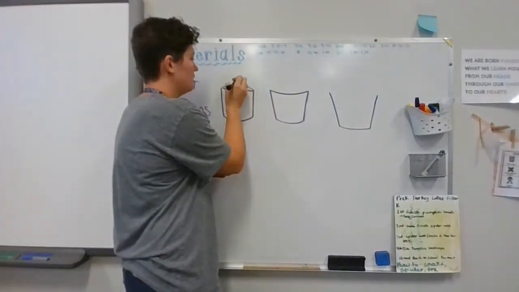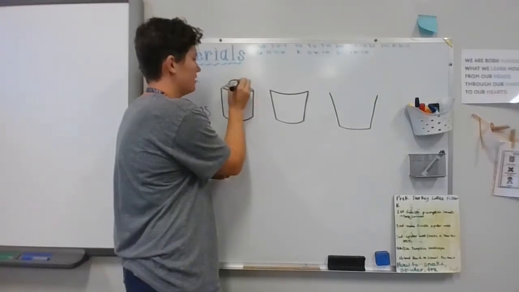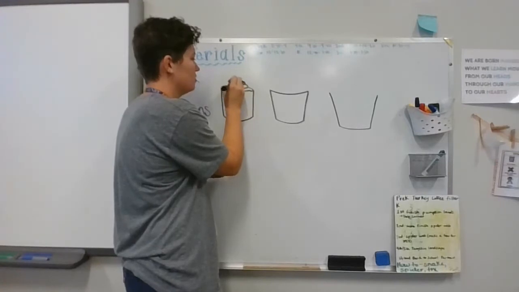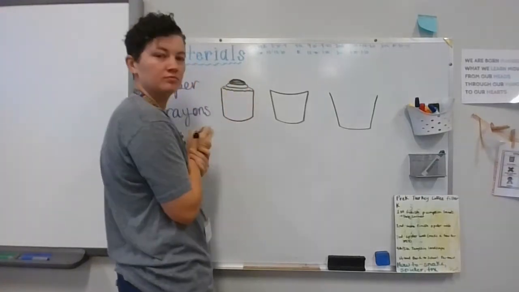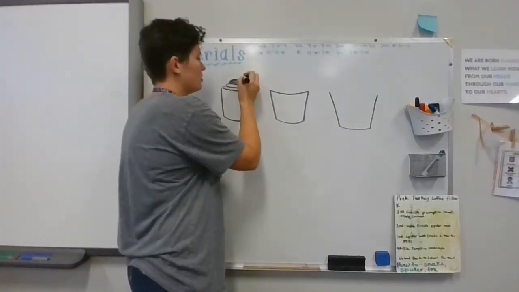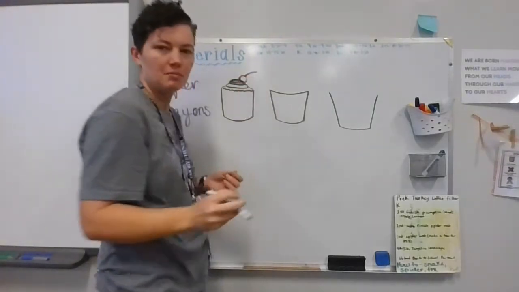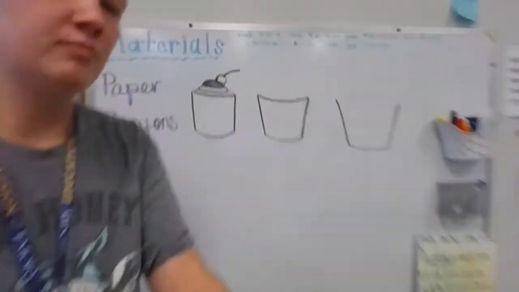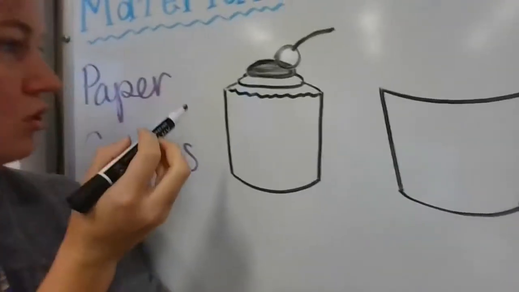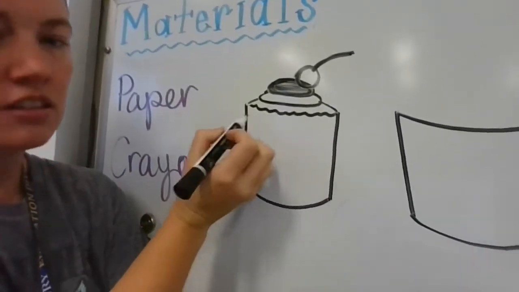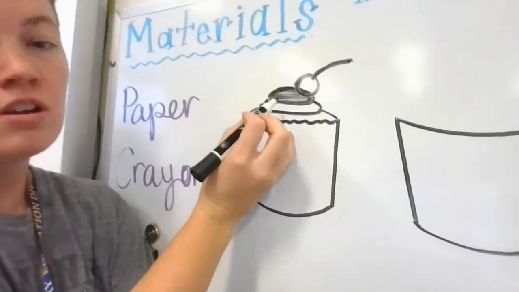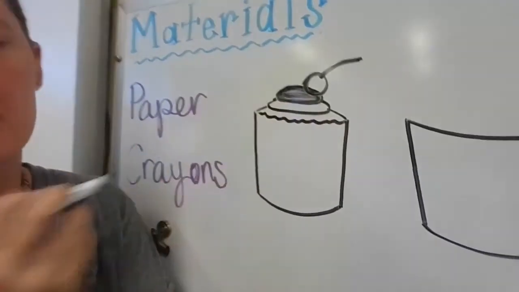And then I'm going to do another oval on top of that that I'll color in. I'm going to color it black even though you don't see too much black icing. And then I'm going to do a circle on top of that with a stem coming out so it looks like a cherry. I did my 2 lines right here, my first oval, my second oval, and my cherry.